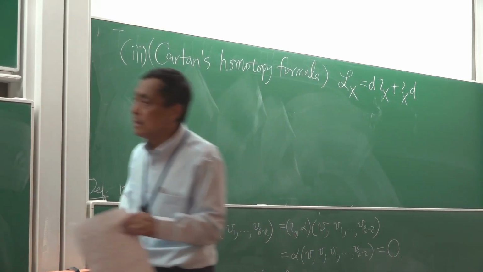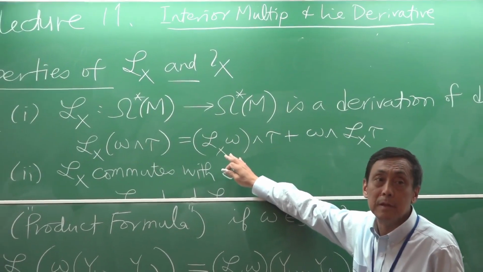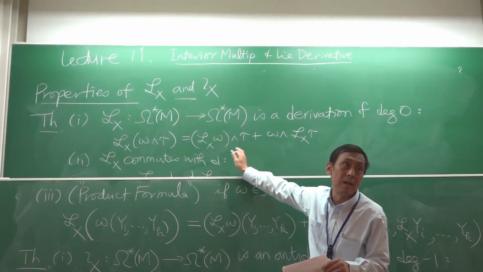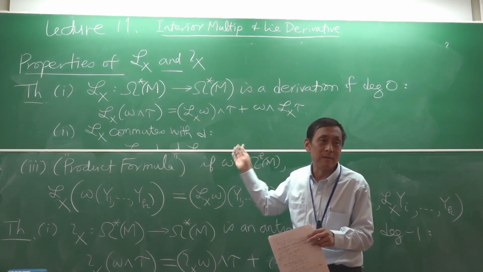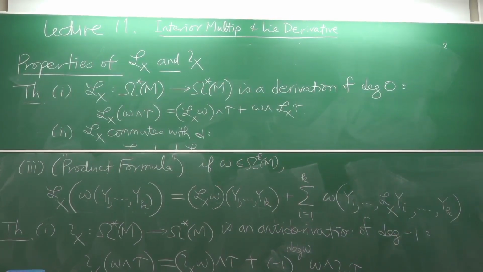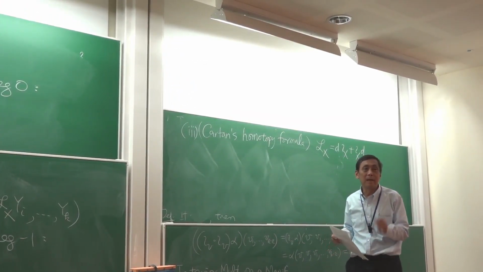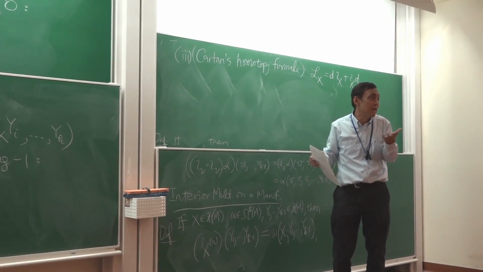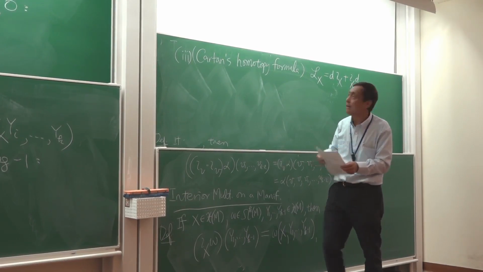And therefore, if you can show that they agree on one forms, then this will give you everything, because locally a k form is just a product of one forms. So to check this formula, you only have to check it on one forms, and locally a one form is f dg. So you only have to check it on a function and on dg, and that's fairly easy.